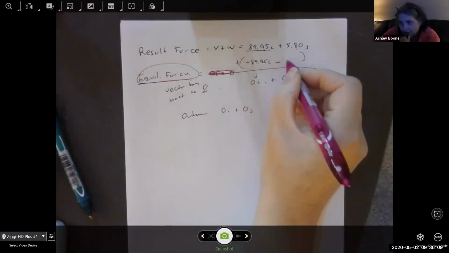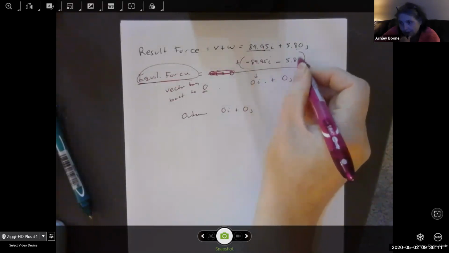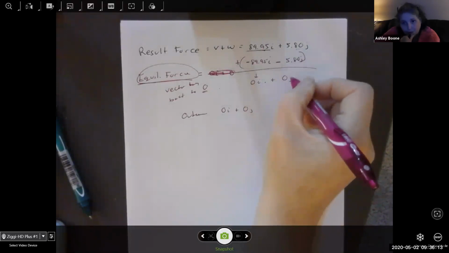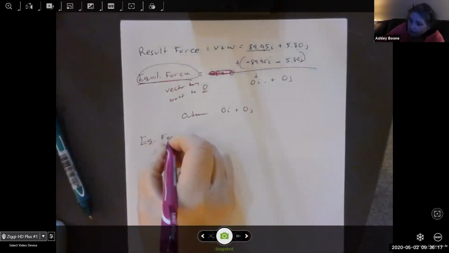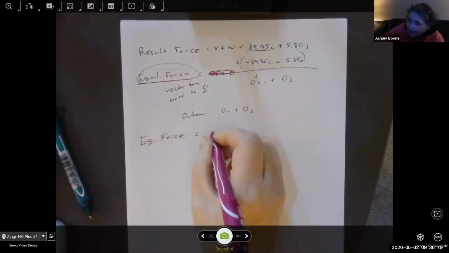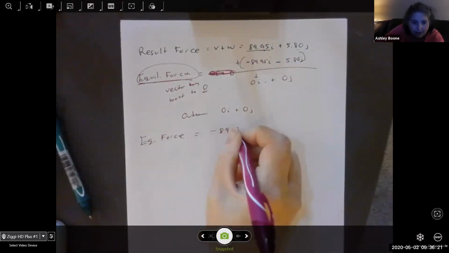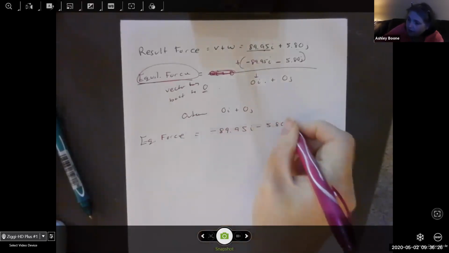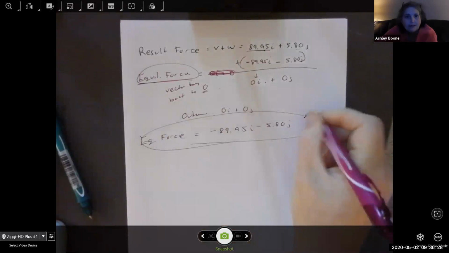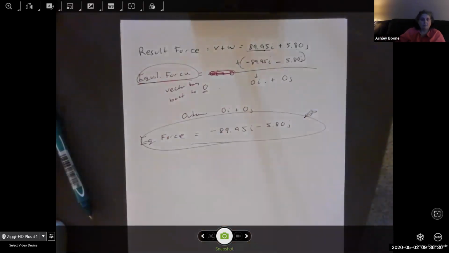We would need to undo that by a negative movement of 5.80 to bring it back to 0. Our equilibrium force needed would be negative 89.95i minus 5.80j to bring it back in, okay? That's what we're looking at.